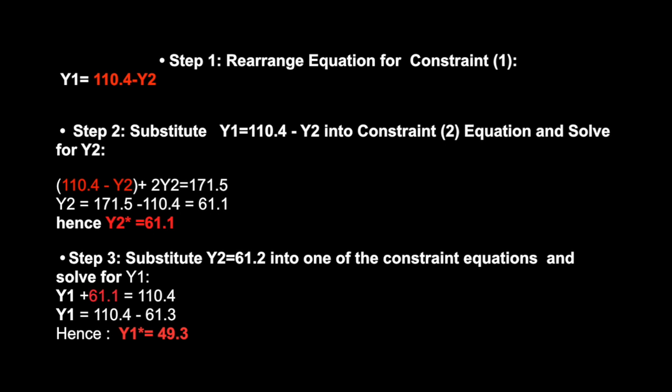To solve the algebraic solution for the dual formulation, we use the exact same process that we used for the primal. First, we rearrange one of the constraint equations.